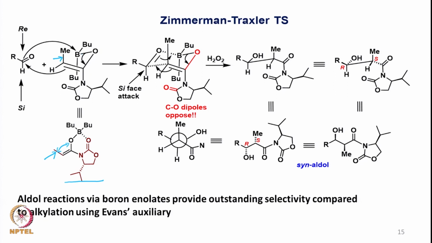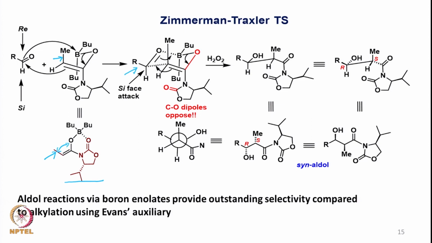Then when the aldehyde comes into contact with the boron, the R group will remain in the equatorial position, as we saw last time, where there are two possibilities for the aldehyde in the transition state, it can be either axial or equatorial, but the axial one is sterically more hindered, therefore it prefers to be equatorial.